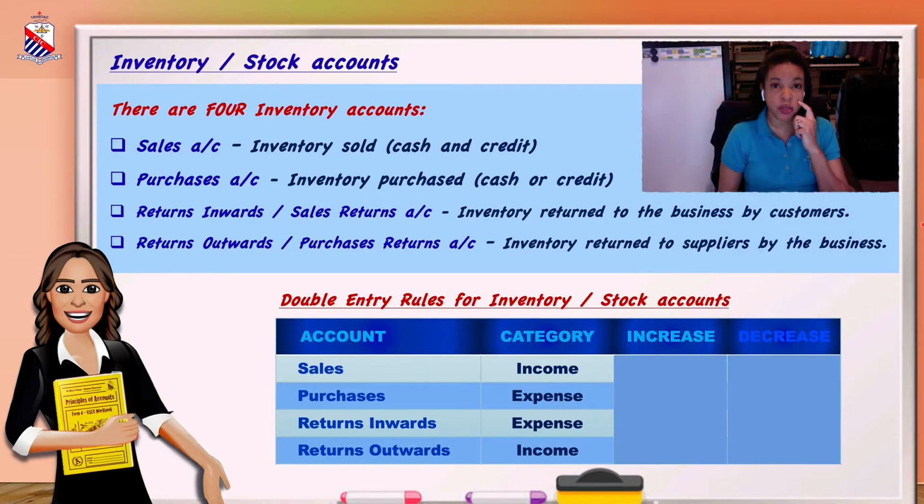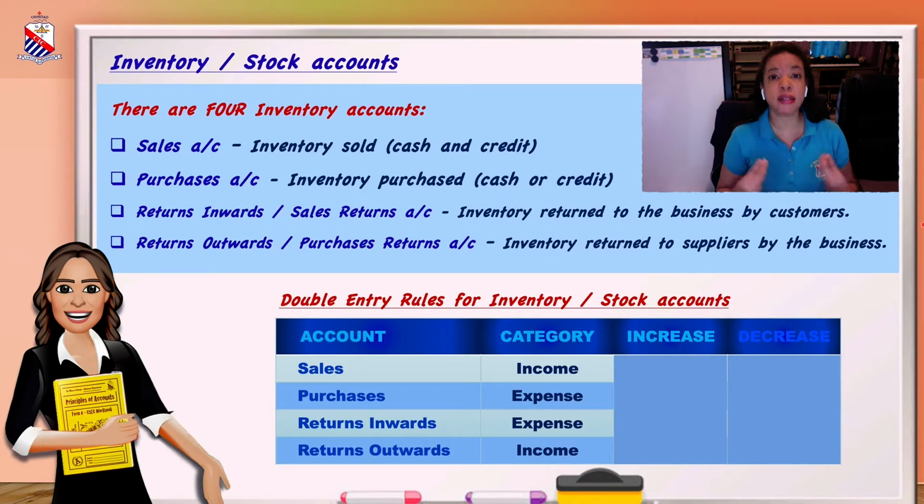So sales, whenever you sell something, it is income that is earned. Yes, in fact, sales is the business's main source of income. When you start a business, you have an objective, and that is to generate income or revenue. How do you do that? Are you going to sell clothes, shoes, stationery?